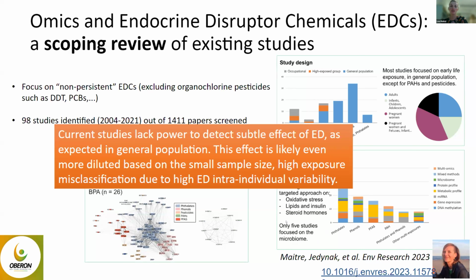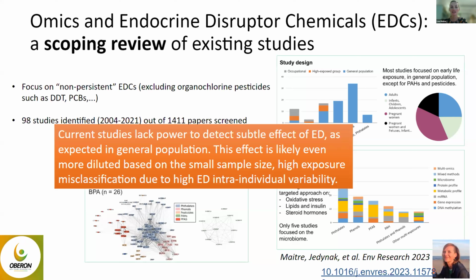And some of the study design problems we identified are that most studies lack power to detect subtle effects of endocrine disruptors, as is expected in the general population. And this effect is even more likely to be diluted in a small sample size.